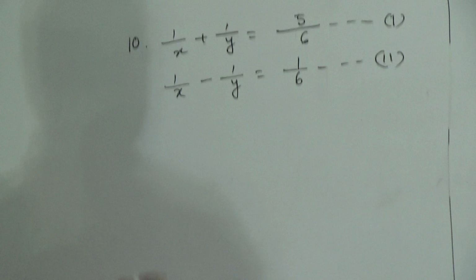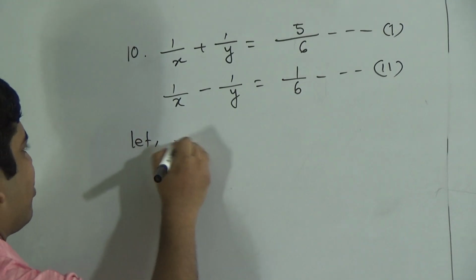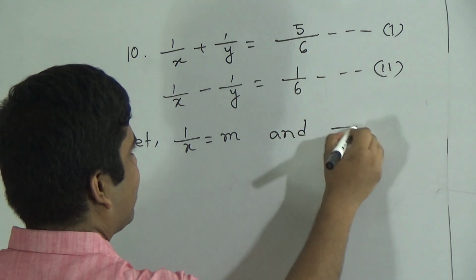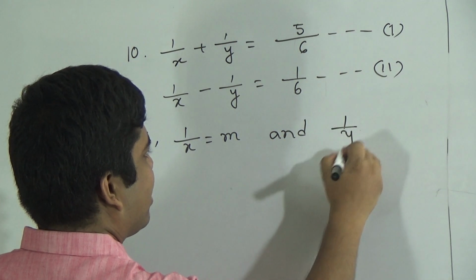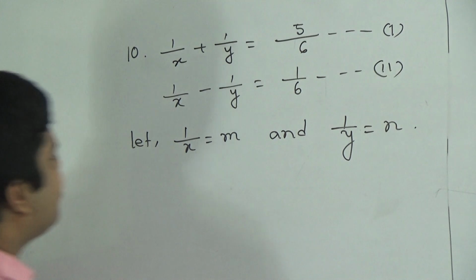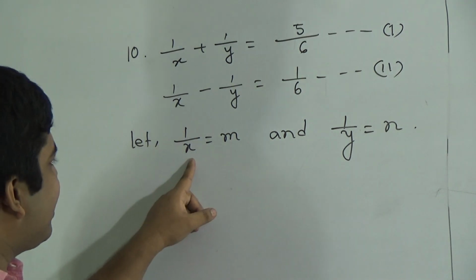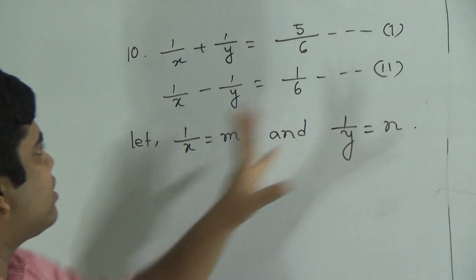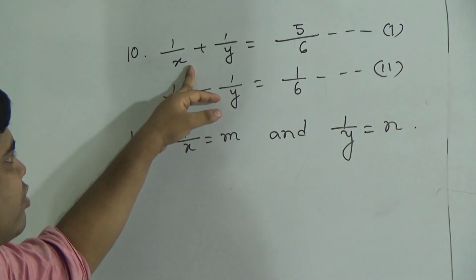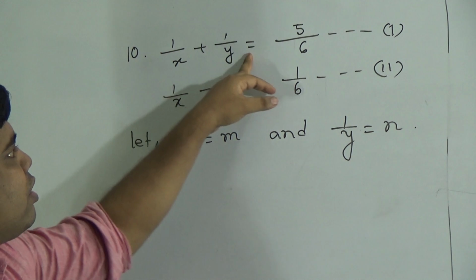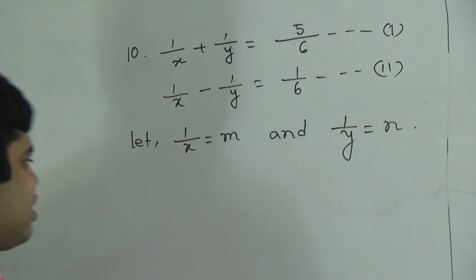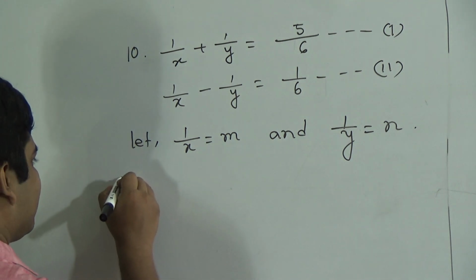Now my dear student, let 1 by x equal to m and 1 by y equal to n. So if we consider 1 by x equal to m and 1 by y equal to n, then the equations will be m plus n equal to 5 by 6 and m minus n equal to 1 by 6.